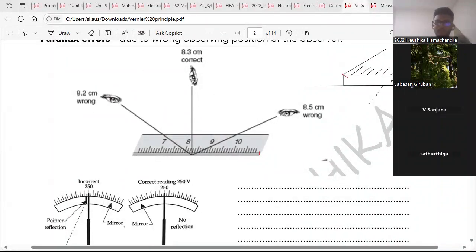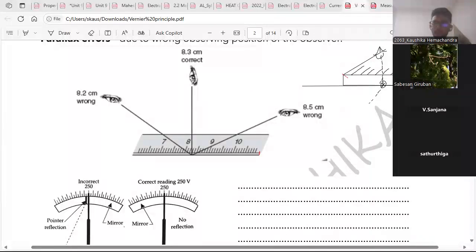When you're looking directly from the top, you will get the correct reading. No problem in that, because it's aligned now. The line that your eye makes with this point is perpendicular. You're getting the correct reading, right?